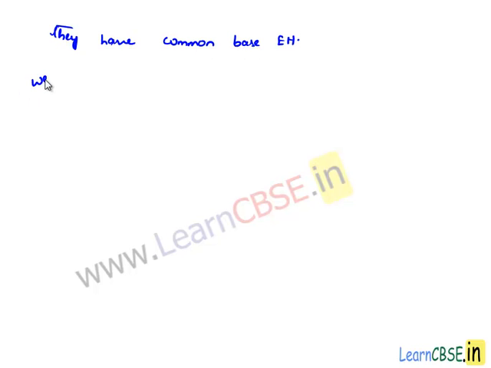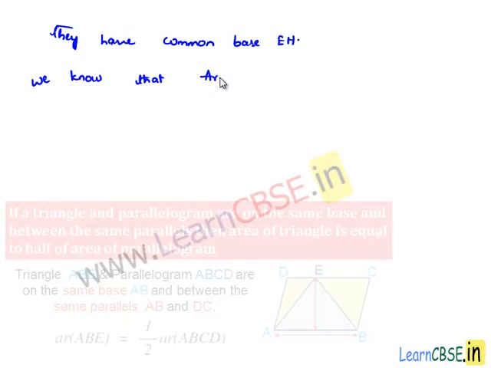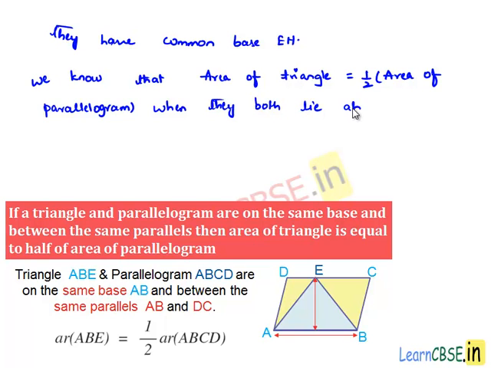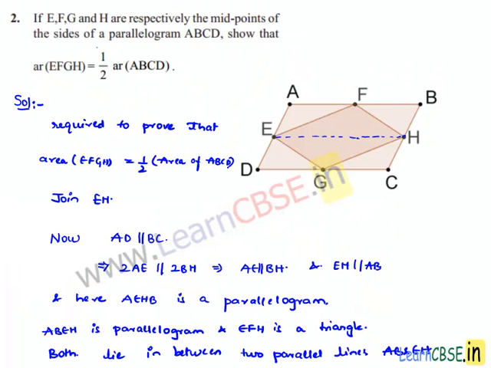We know that the area of a triangle is half the area of a parallelogram when they both lie on the common base and between two common parallels. Here, the parallelogram and the triangle lie between the two common parallels, that is AB and EH, and they lie on the common base EH.